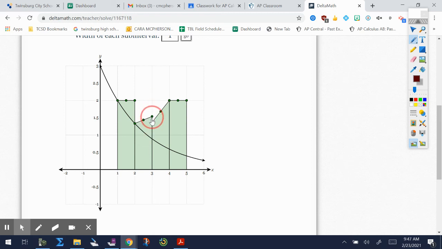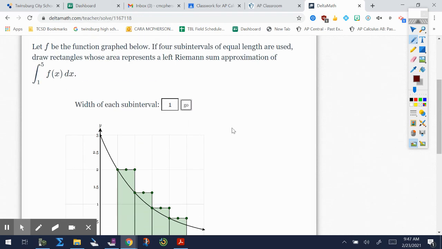I'm going to bring this one down till it hits the function. They kind of lock in place, which is nice. And then I'm going to get the right side to just be the same height. And that also kind of locks in place, and it does a good job of letting it look nice. So my left side was determining the height because it was a left Riemann.